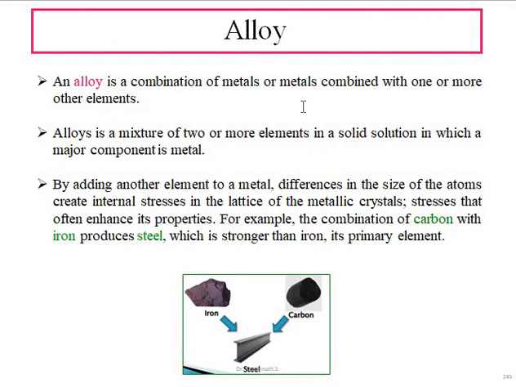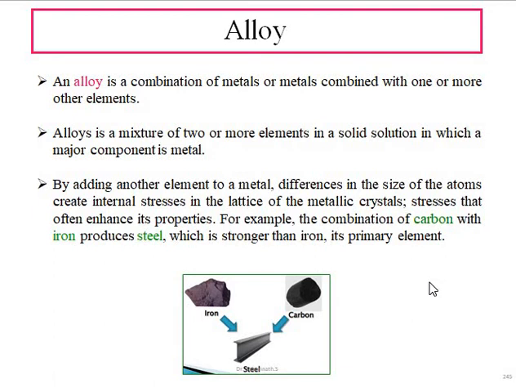So an alloy is a mixture of two or more elements in a solid solution, in which the major component will be a metal. You can either add two or more metals, or add some element, and it's not necessary that it should be a metal. Okay, let us take some examples and see in more detail how an alloy looks.